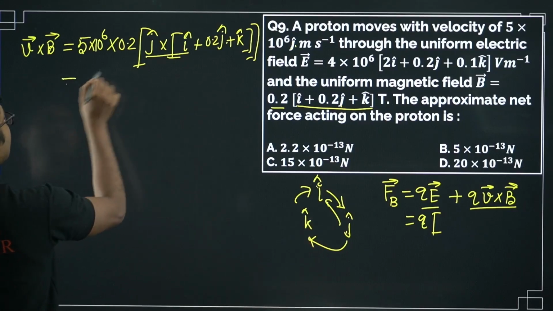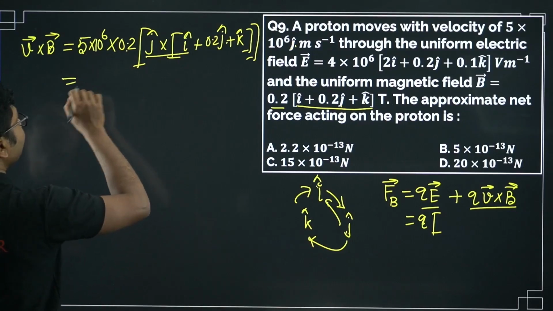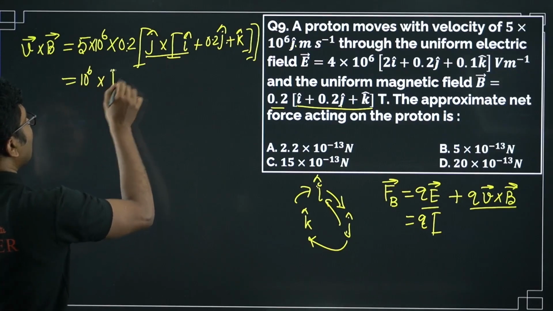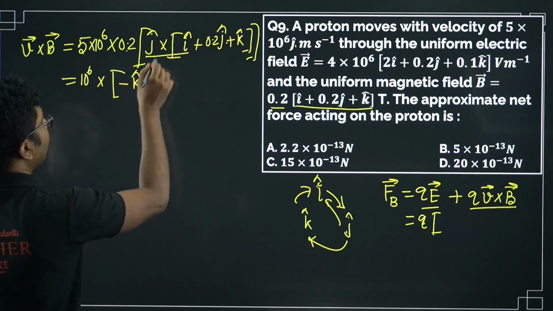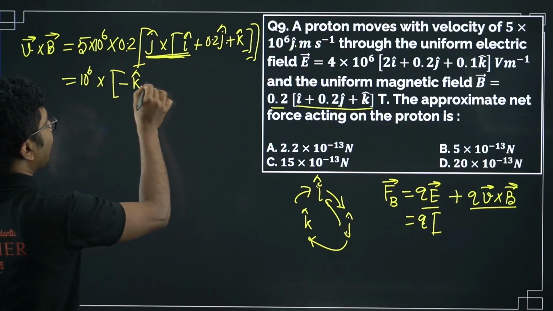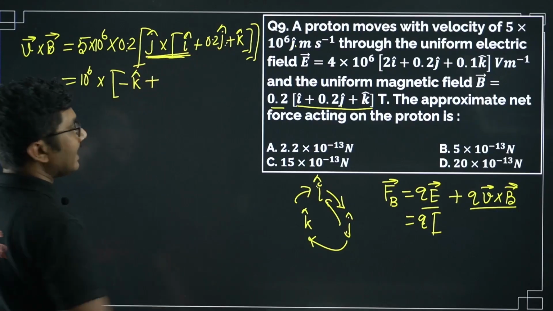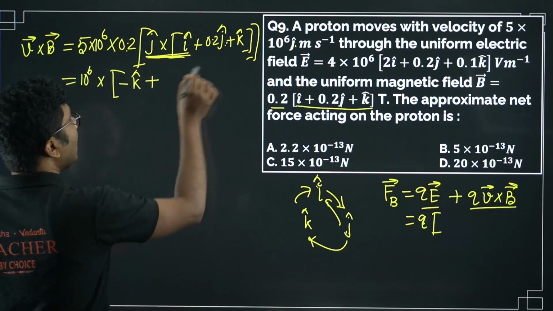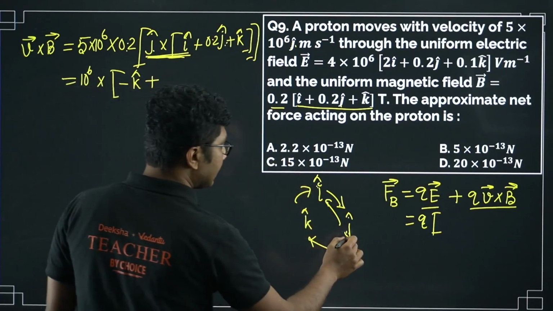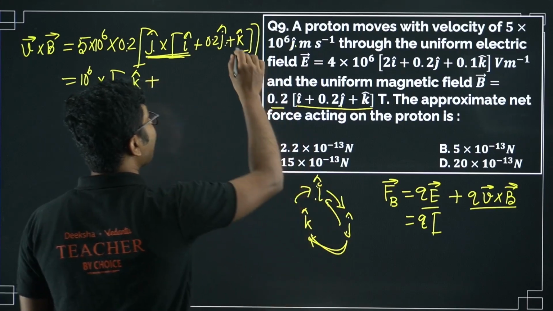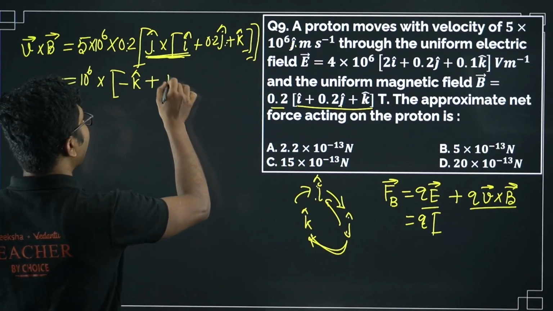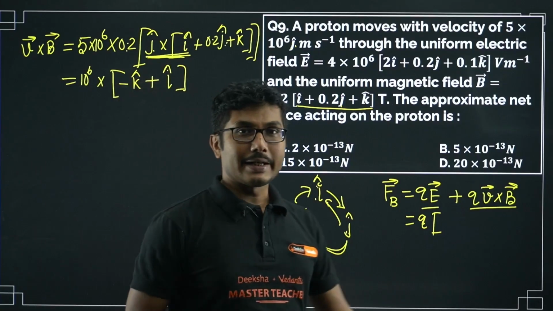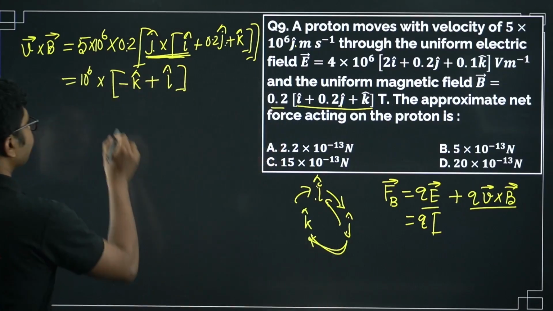So obviously 0.2 into 5 is 1, so 10 to the power of 6 only left, minus k cap. Okay, j cross I is minus k cap, plus j cross j is 0, you can ignore that. Now j cross k is plus I cap, so it will be plus I cap. Okay, so this is the resultant magnetic force.